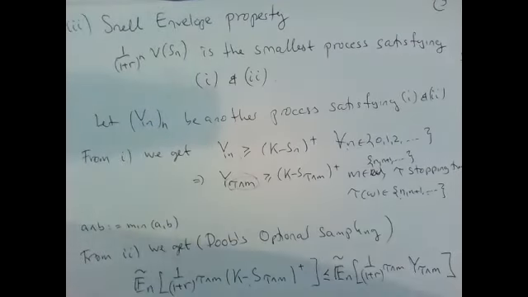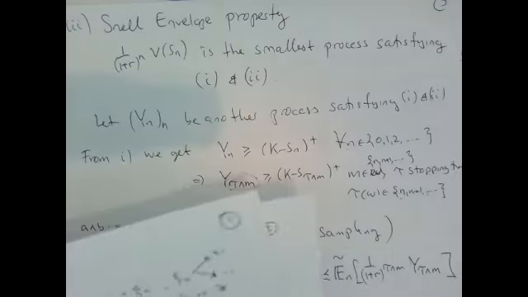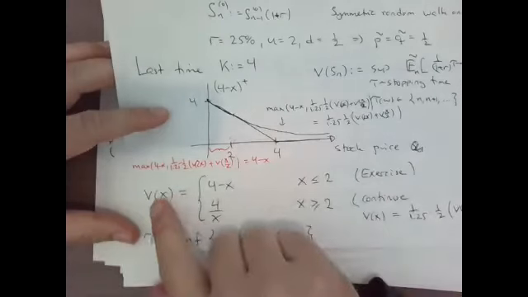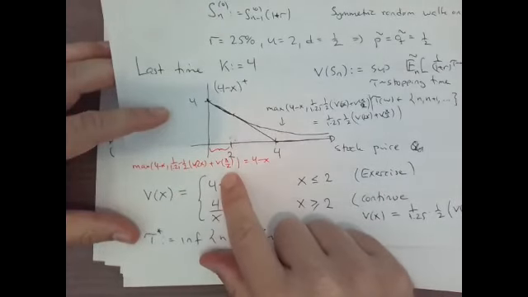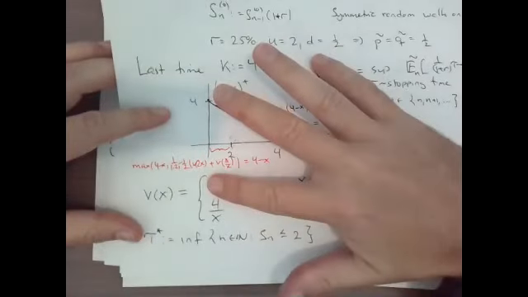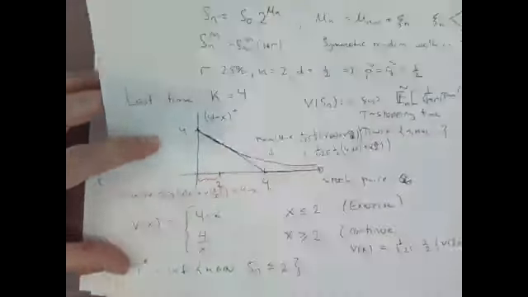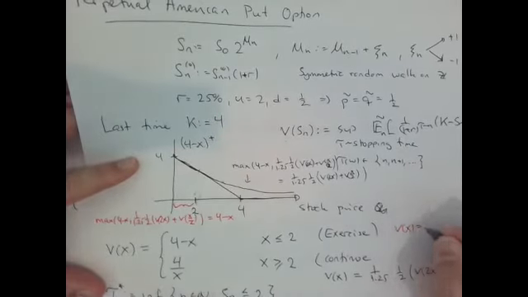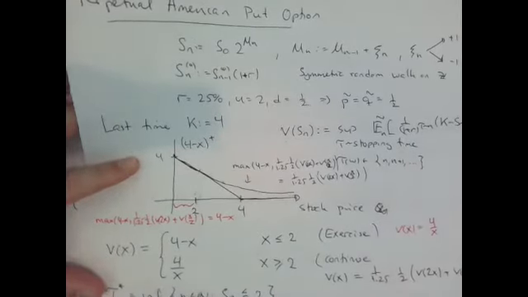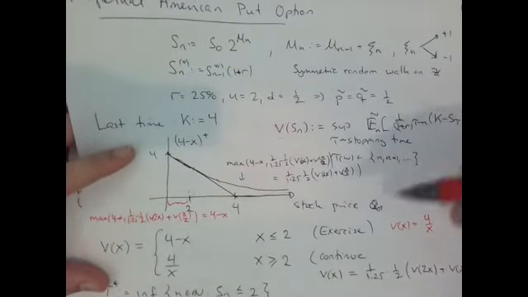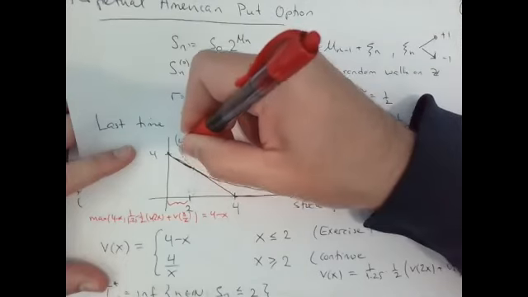And how did that come in the specific example? Well, it had to do with how we created this v. We could have used a function v that would just have been 4 over x everywhere. That would also have satisfied properties 1 and 2, and then it would have dipped up here.